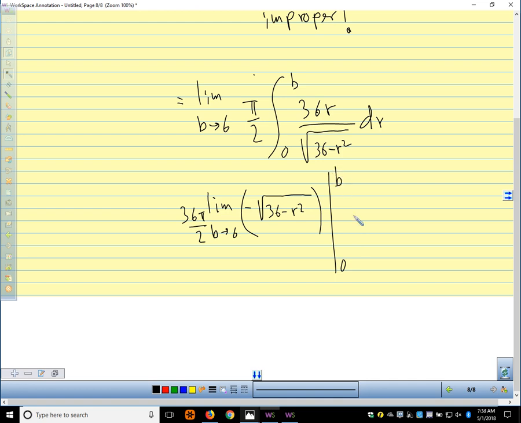And now that's in the numerator. That doesn't give us a problem anymore. The limit is fine. And we get 108 pi.